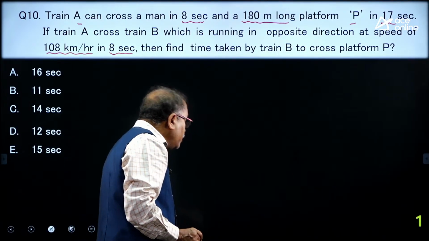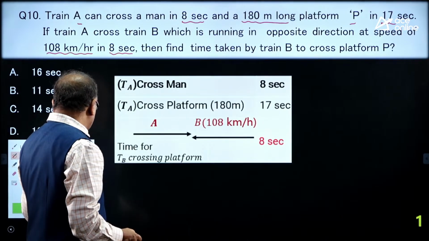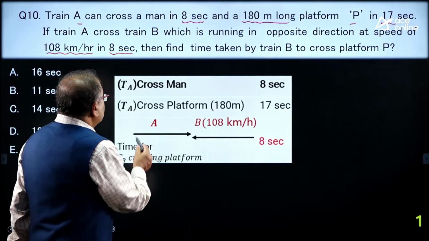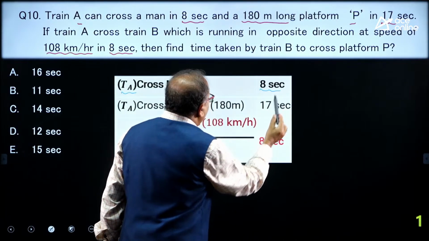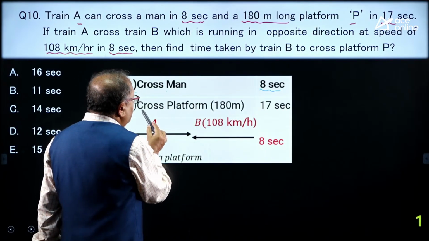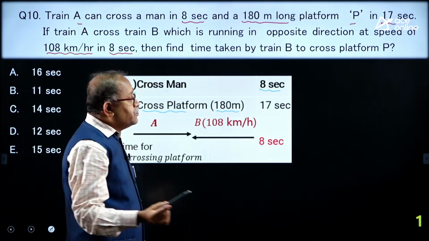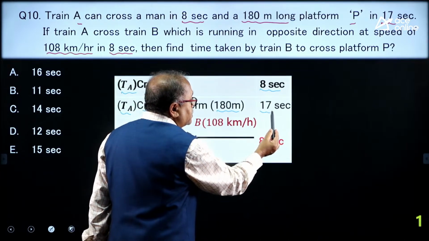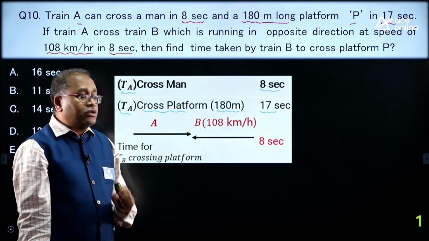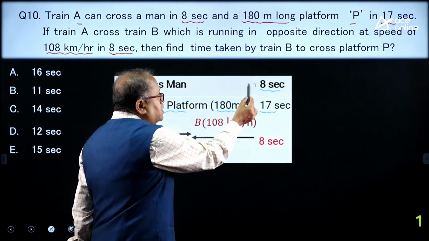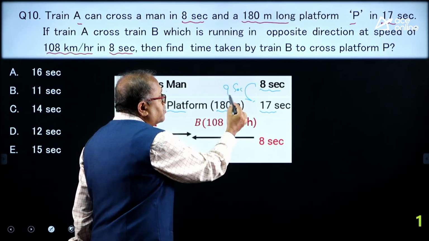Okay. If you are not understanding the paragraph, here is the clarity for that. Now, look at this one: train A crosses a man in 8 seconds and the same train A crosses a 180 meter long platform in 17 seconds. By these two pieces of information, you know why this 9 seconds more?